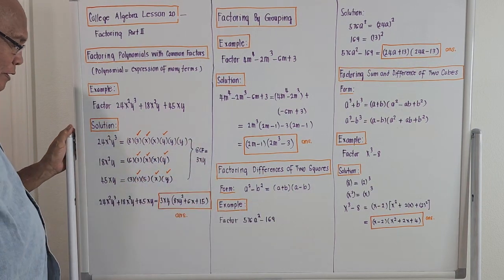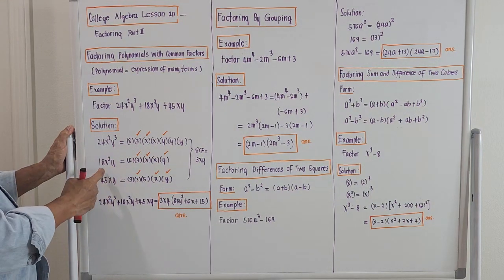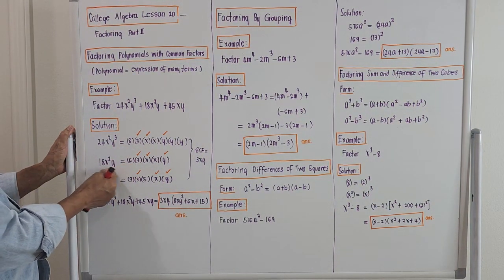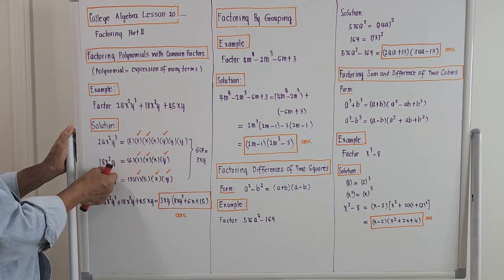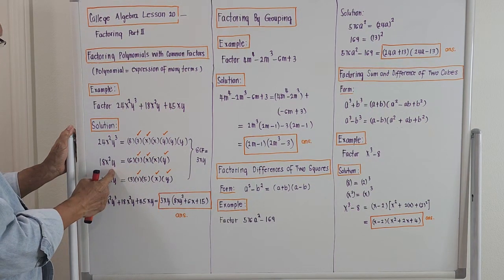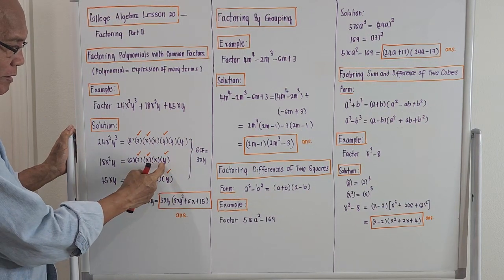For the second term, 18x squared y, 18 can be written as the product of 6 times 3, the operation here being multiplication. And x squared can be written as the product of x and x, and y will just be itself, times 1, or simply y.